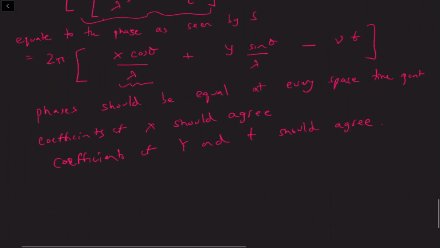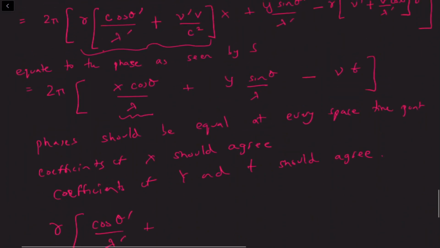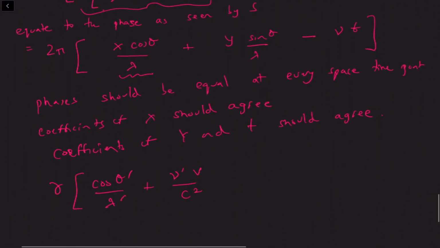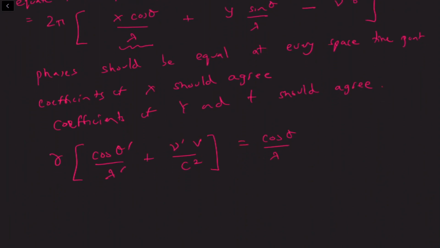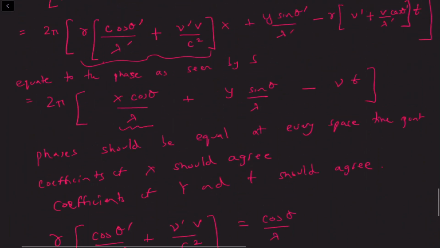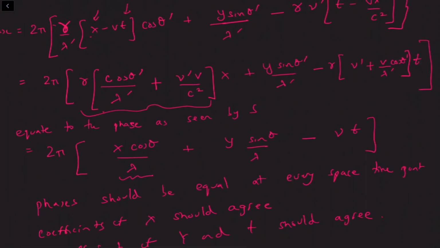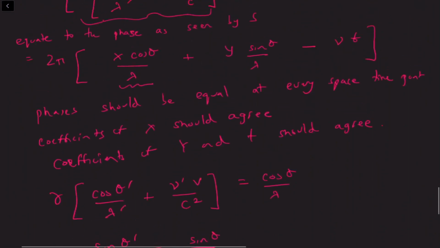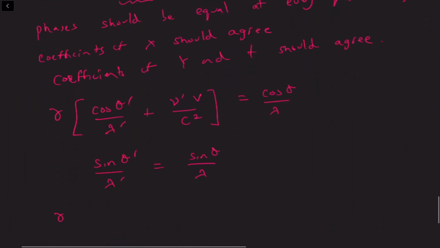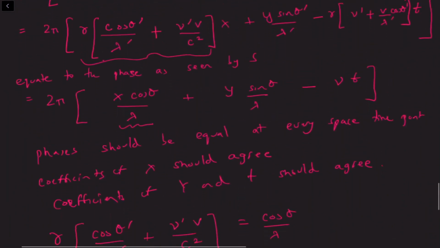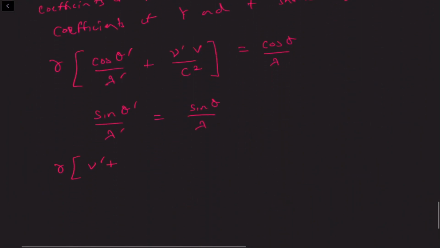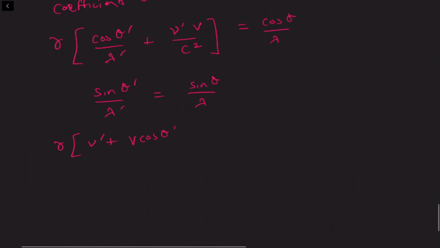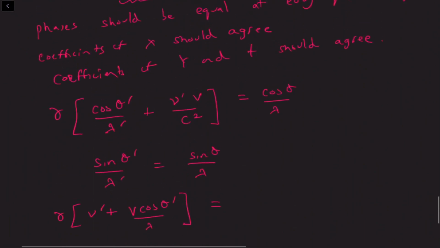So what that gives us is gamma times cosine theta prime over lambda prime plus nu prime v over c square is cosine theta by lambda, and now equating the coefficients of y, sine theta prime by lambda prime is equal to sine theta by lambda, and equating the coefficients of t, we get gamma times nu prime plus v cosine theta prime by lambda is equal to nu.